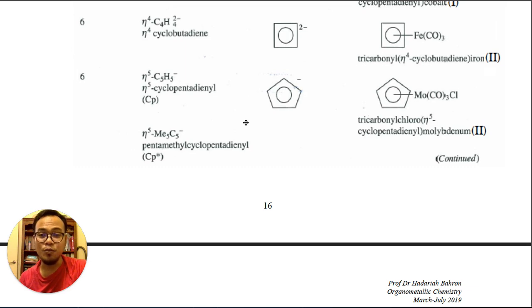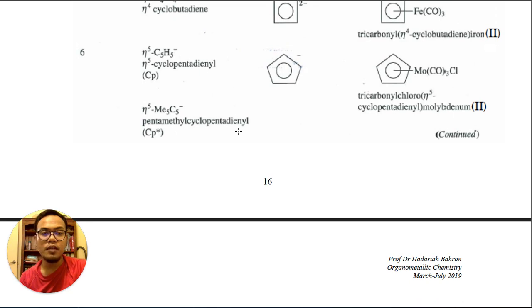So the same thing for the pentamethyl cyclopentadienyl. It's going to give you 6 electrons as well, assuming that you have 2 double bonds and 1 alkyl group.